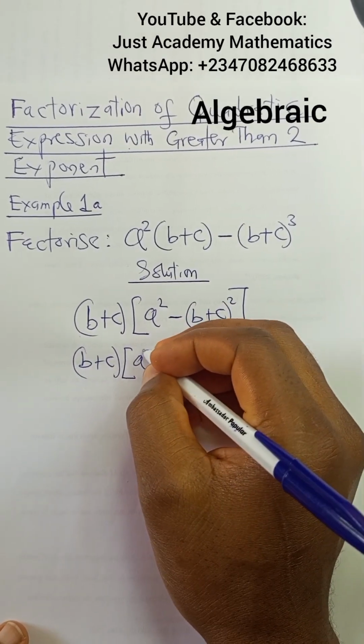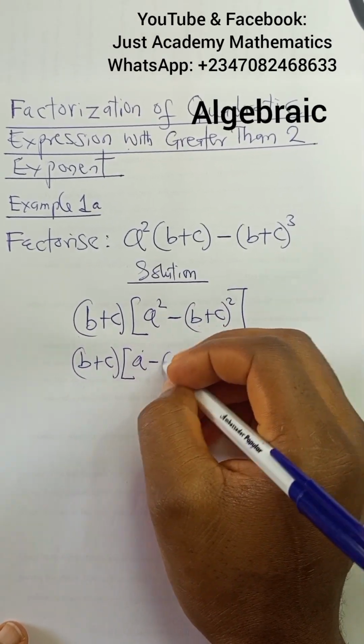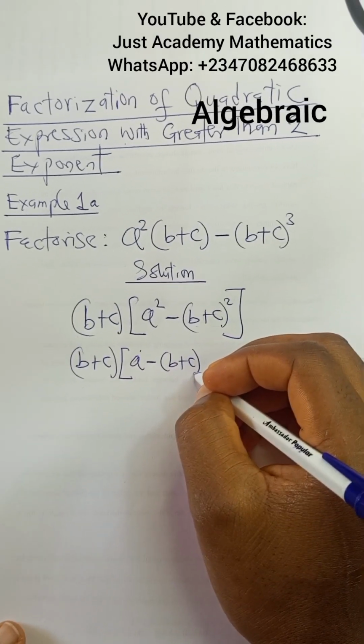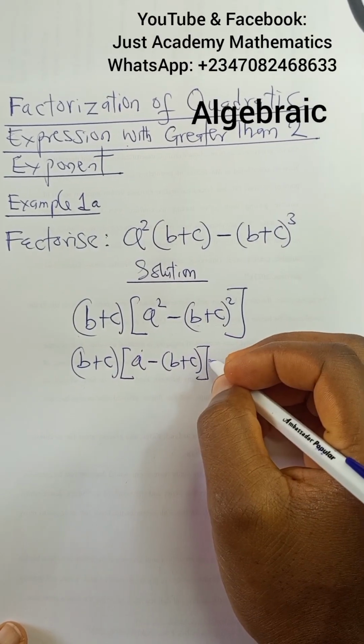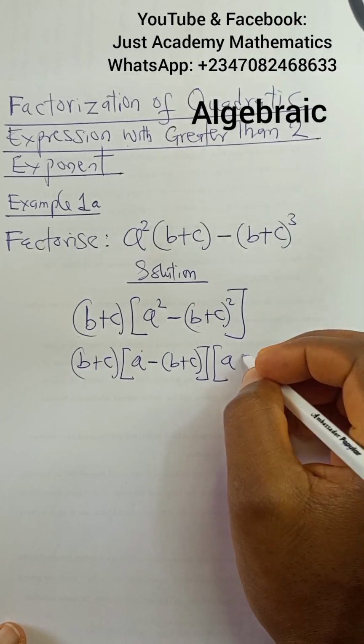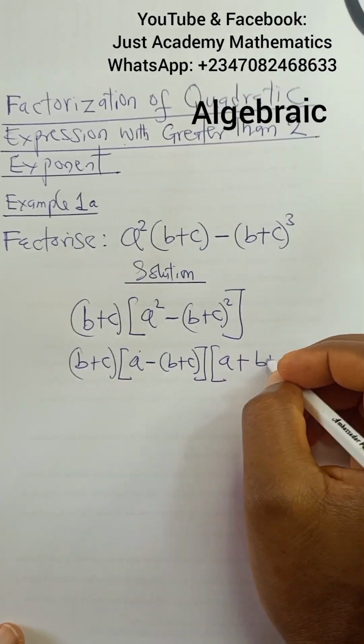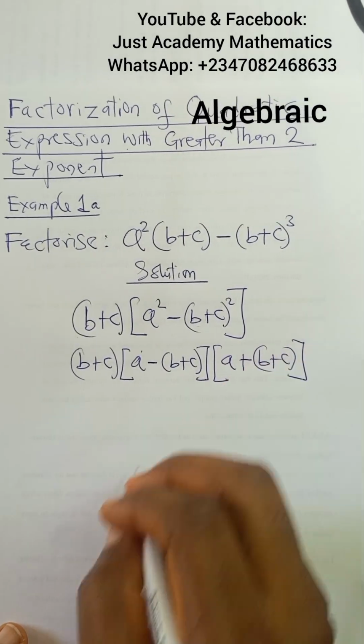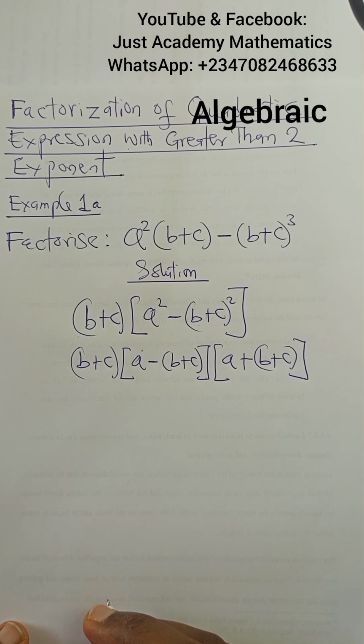You have A minus B plus C times A plus B plus C by application of difference of 2 square.